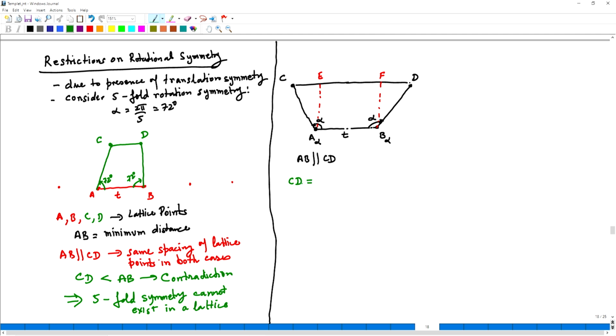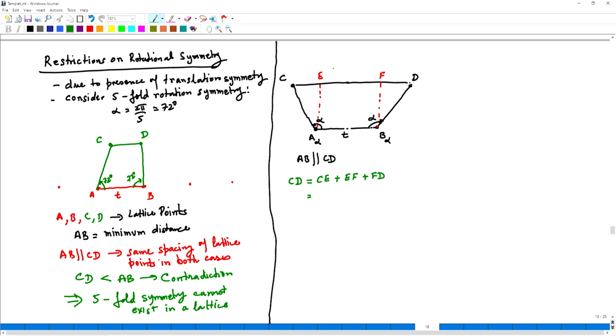The length CD would be equal to CE plus EF plus FD. Let us see what CE, EF and FD are.